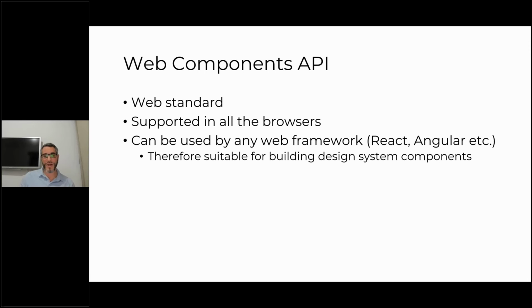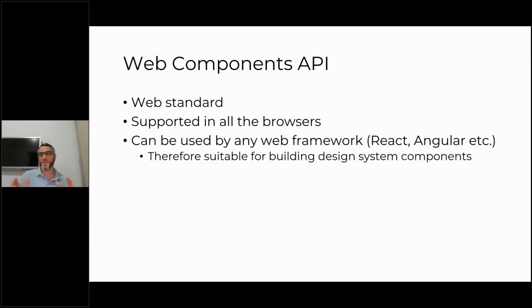Why is that? It's because you can consume them in every framework and every library out there, and that's cool because if you're creating your component library for the design system in React, you're coupled to React.